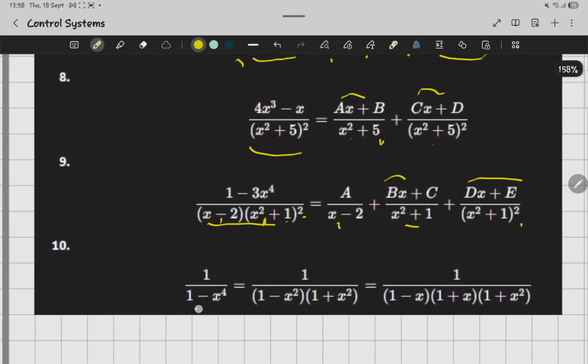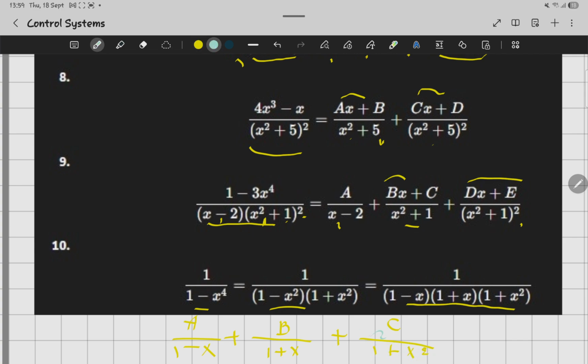And last thing, when we get something like this, you're going to break it down into this form. Okay, and this is factorization, and then you're going to break it down like this, and then you can have each of these terms over a number. It's going to be A over 1 minus x, plus B over 1 plus x, plus C over (1 plus x) squared.